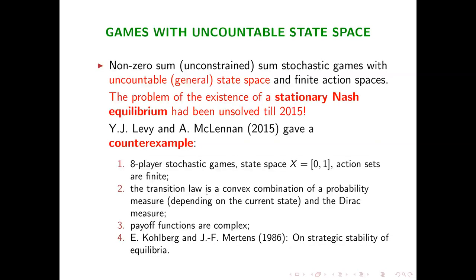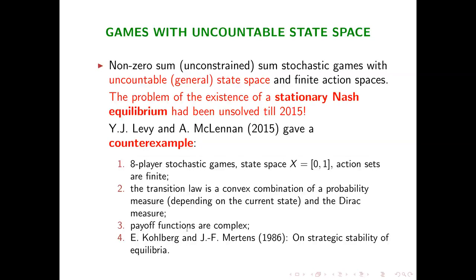The transition law is a convex combination of a probability measure depending on the current state, the uniform distribution on the interval [x, 1], and the Dirac measure concentrated at point 1. However, the coefficients in this convex combination are quite complicated, so I am not going to write them here.